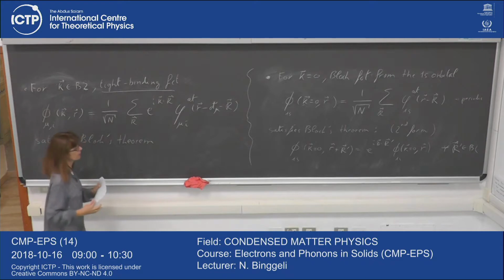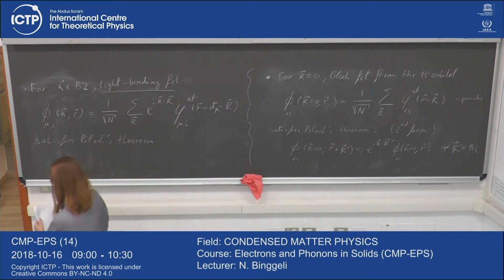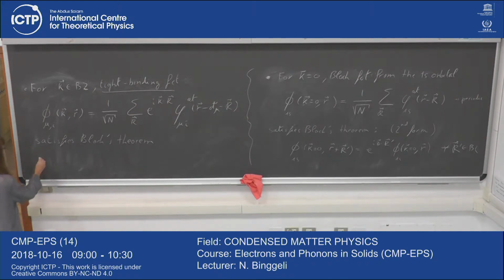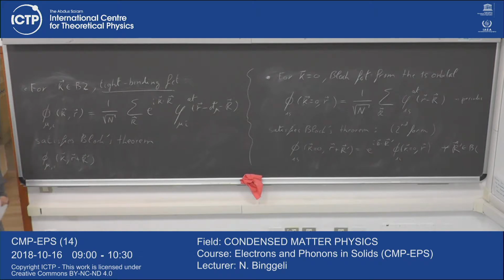And we will show that it satisfies the second form of Bloch theorem. So I will just calculate phi mu I of r plus r prime, where r prime belongs to the Bravais lattice of my crystal.